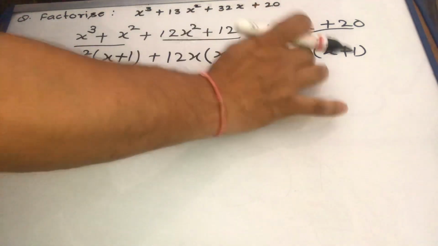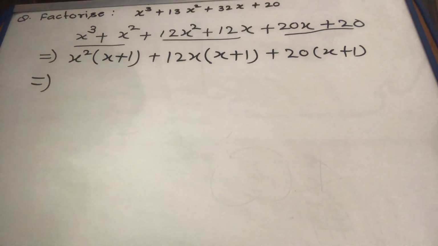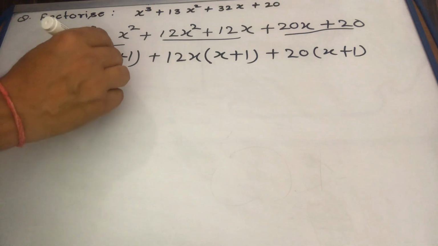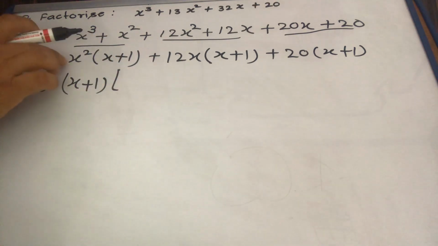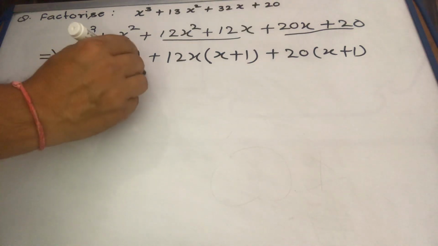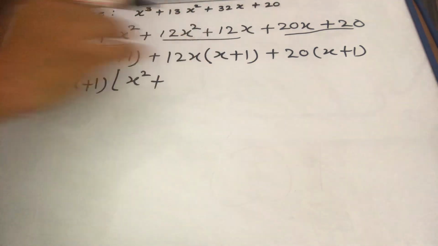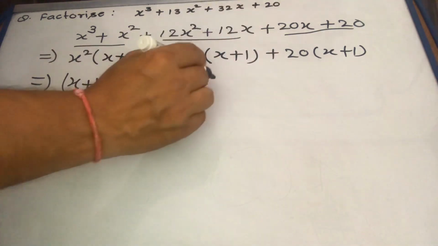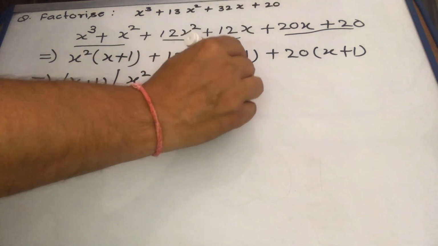In these three terms, observe what is common. x plus 1 is common, so you write x plus 1 taken as common. Then in the first term what remains? x square. In the second term what remains? 12x. And in the third term what remains? 20.